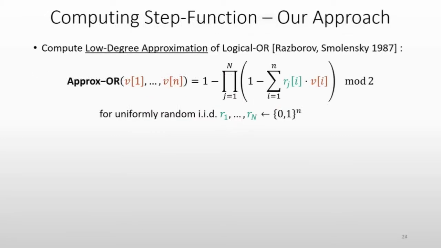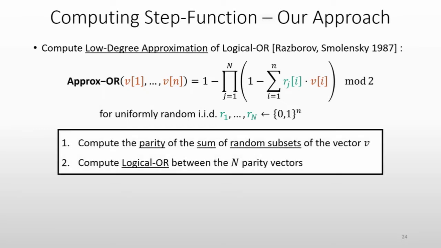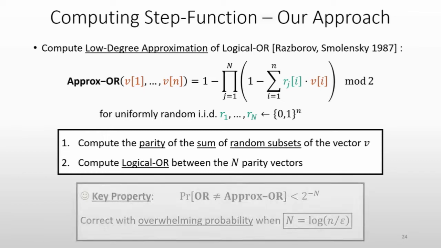Our approach will be to compute a low degree approximation of the logical OR function. This is a method suggested by Razborov and Smolensky back in the day. What you do there is compute the parity of the sum of random subsets of your initial indicators vector v. Then you compute the logical OR between all those parity vectors that you received.